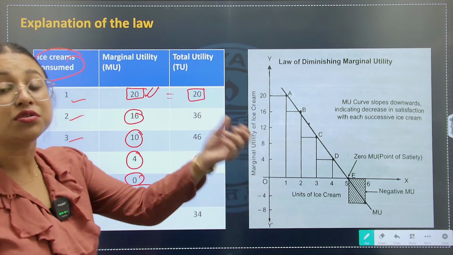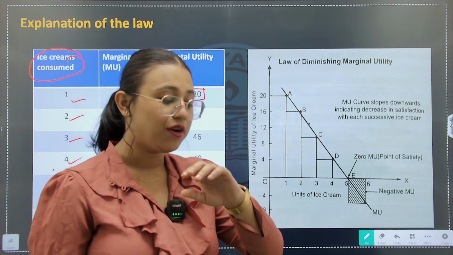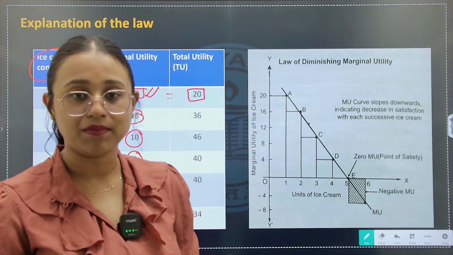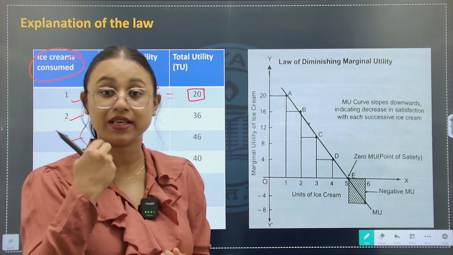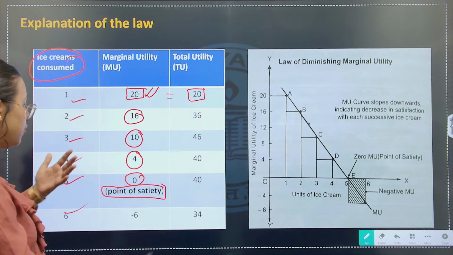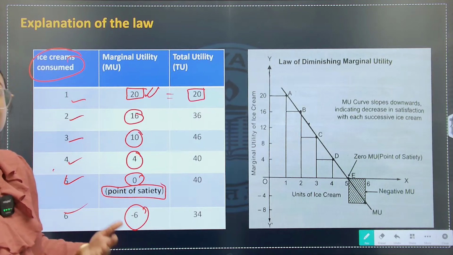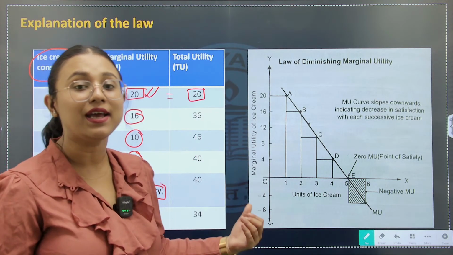And after that, if someone forcibly feeds you ice cream, like I said, you will vomit that ice cream, because ice cream has come up to here for you. As soon as you eat the next one, you will vomit. And that vomiting I told you about is reflected by negative utility. I told you that vomiting is negative utility.